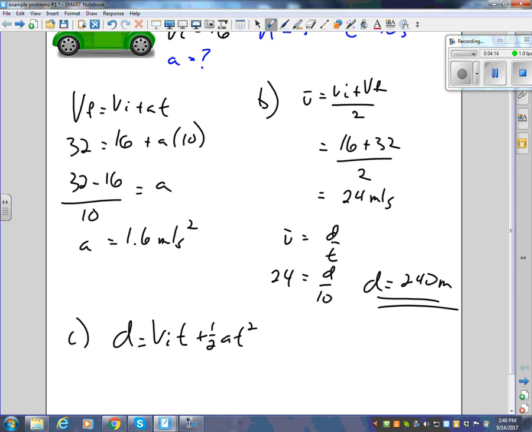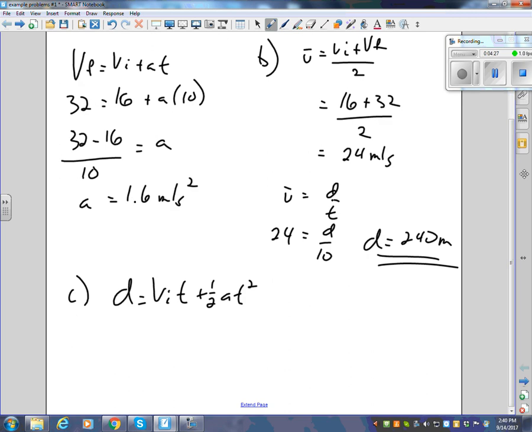Because what we did yesterday was we took these and mashed them together. We put the steps together into the formula, and now we can do it all in one step. And it's so much easier when VI is 0, because that VIT just falls apart. VI is 0, then it's just 0 times whatever. But it's not the case here.